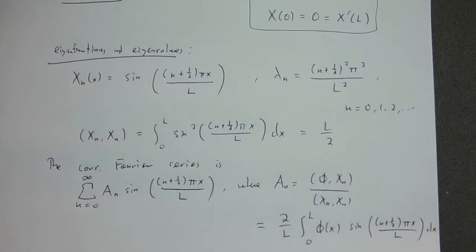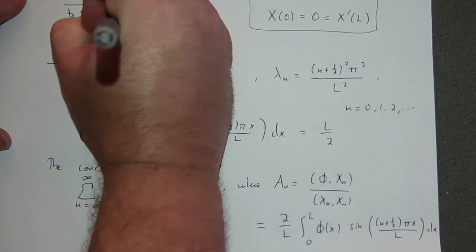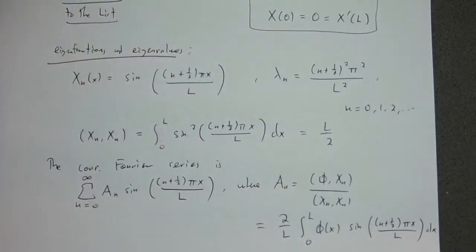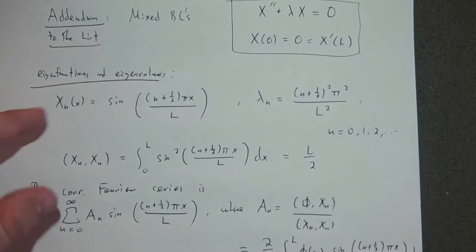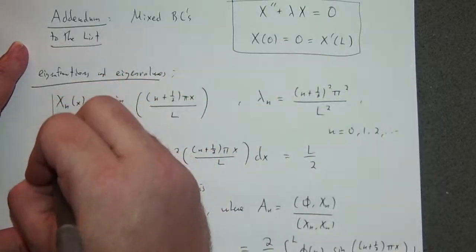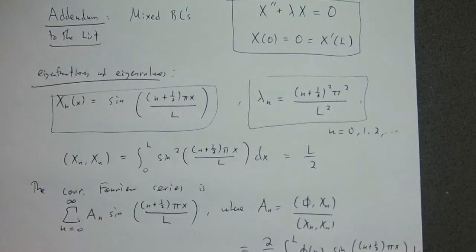So this is the addendum to the list. I now have canned eigenfunctions and eigenvalues for homogeneous mixed boundary condition problems. And as I said, you can obtain those in the same way we got the others. It just takes a little bit more work. I mean, it actually takes the exact same amount of work.